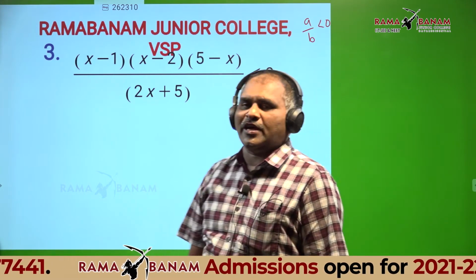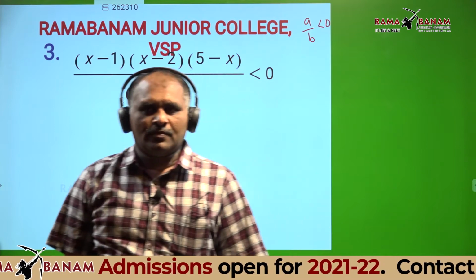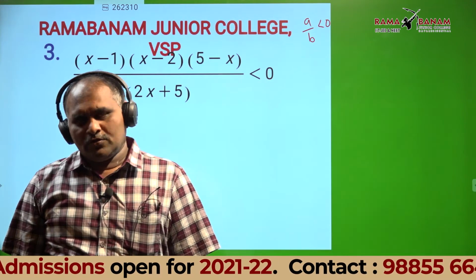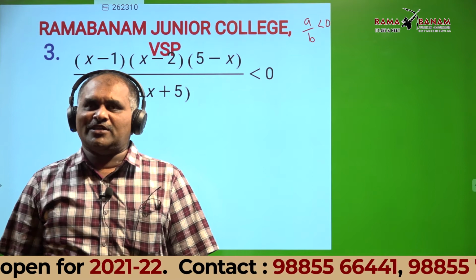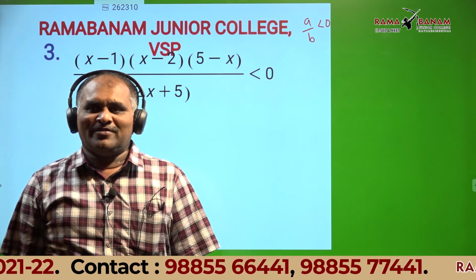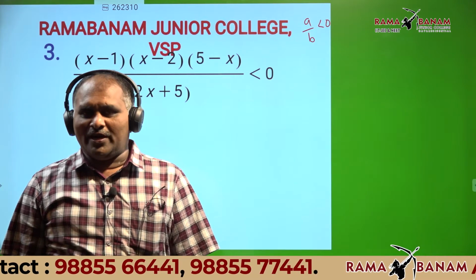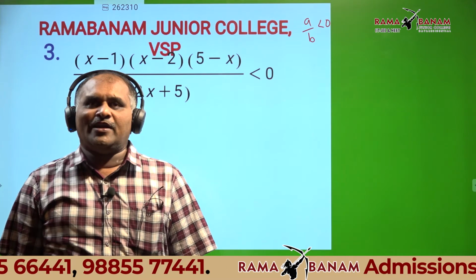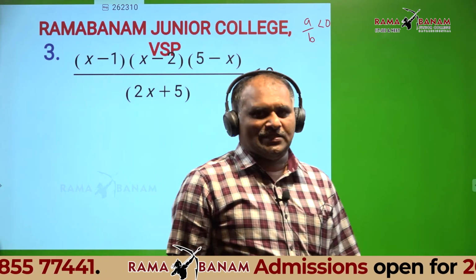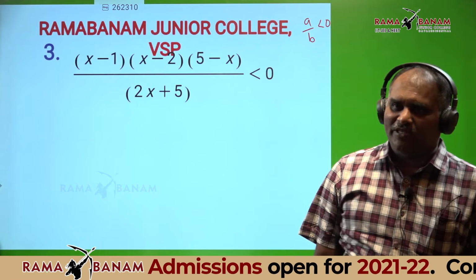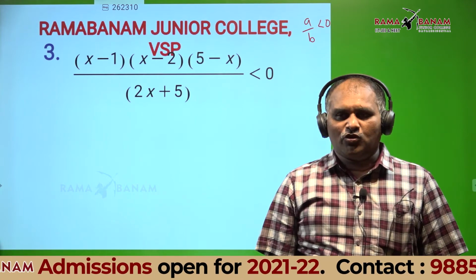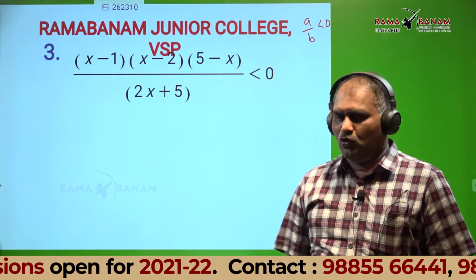What did I tell as the condition? ab by b square less than 0. Next, b not equal to 0 and a into b is less than 0.